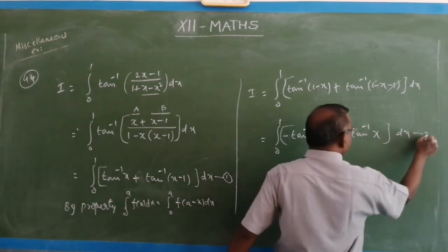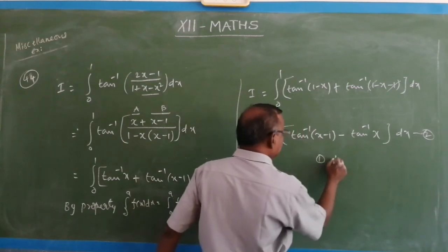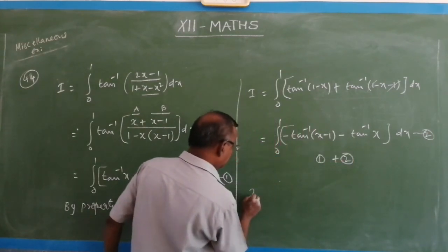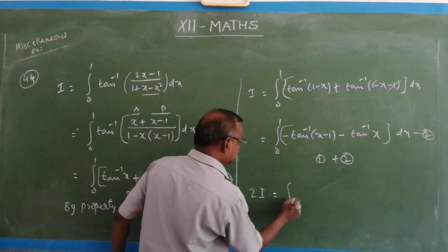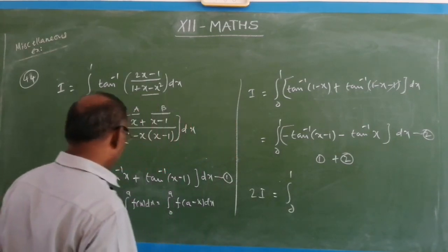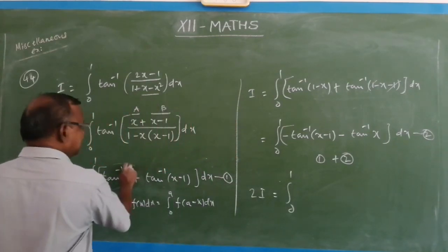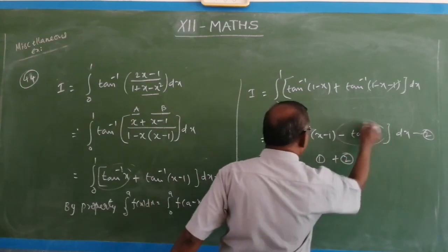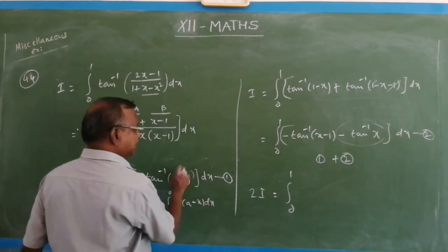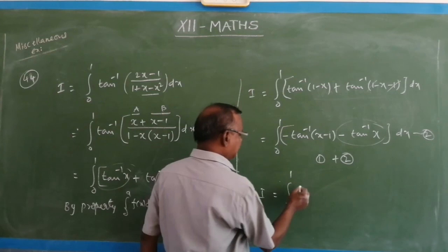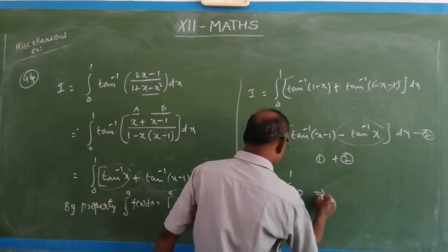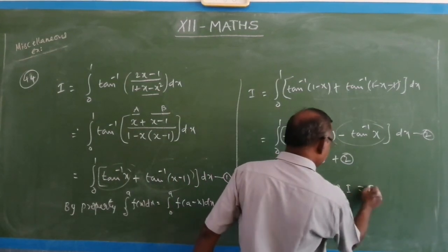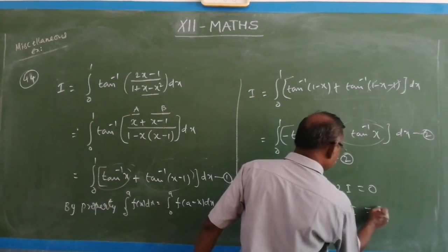Say this is 2, adding 1 and 2, we have 2I equals integral 0 to 1. So plus tan inverse of x minus tan inverse of x cancel, and plus tan inverse of x minus 1 minus tan inverse of x minus 1 cancel. So which gives 2I equals 0. Therefore I equals 0.